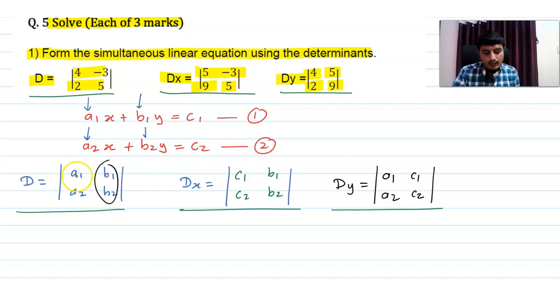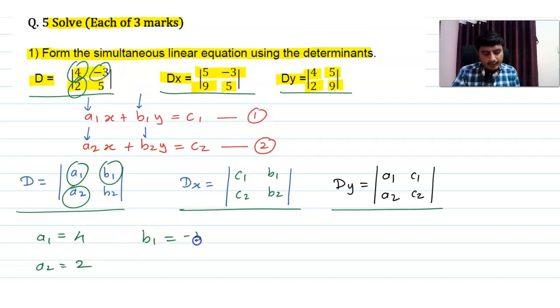Comparing D with the standard form a1, b1, a2, b2, we get a1 is 4, a2 is 2, b1 is -3, and b2 is 5.